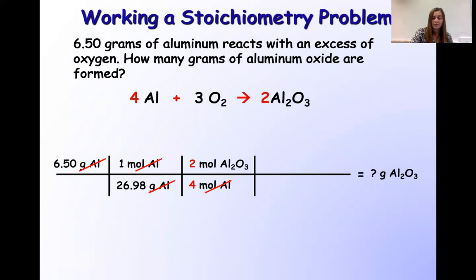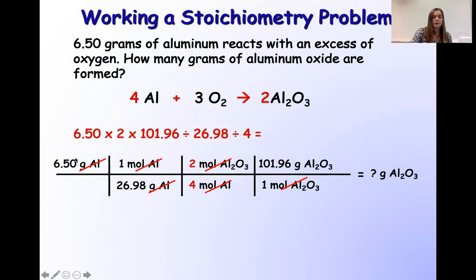I'm going to add up the masses of 2 aluminums and 3 oxygens, and I'm going to get that for every 1 mole of aluminum oxide, there are 101.96 grams of aluminum oxide. Moles of aluminum oxide cancel out, and what I'm going to be left with is grams. My answer should have 3 significant figures, and we have 12.3 grams of aluminum oxide.